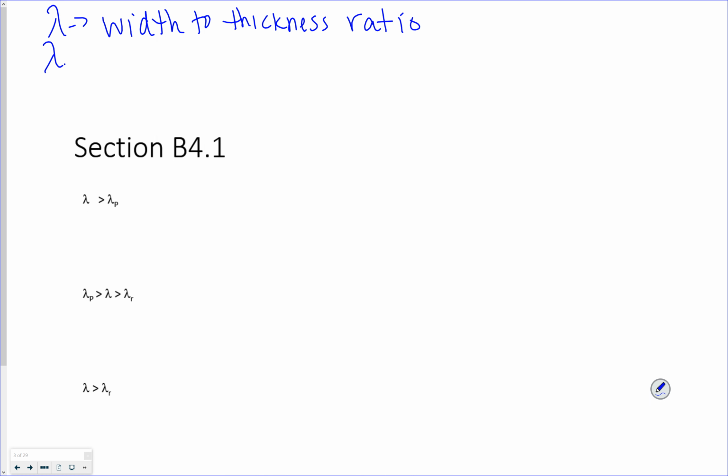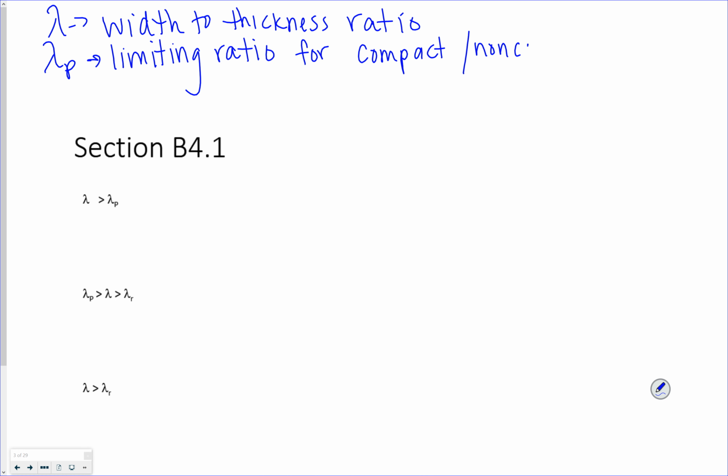Then lambda p, which is my limiting width to thickness ratio on whether an element, being a web, a flange, a stem, is compact or non-compact.